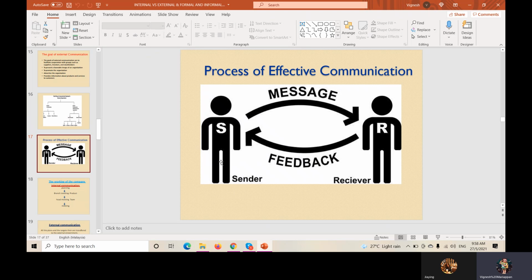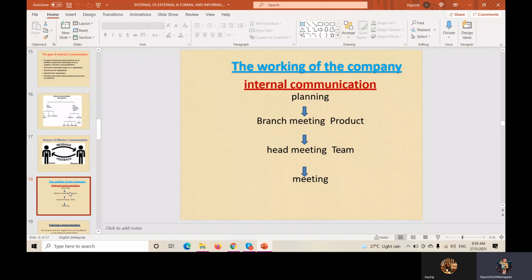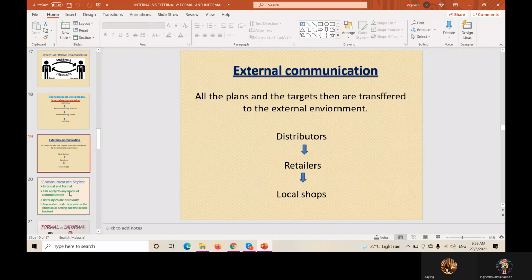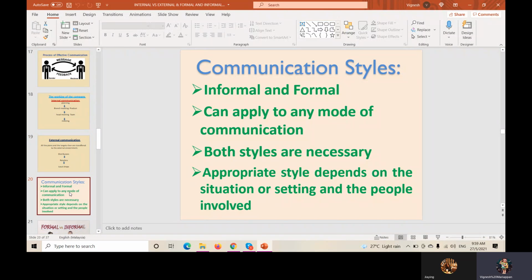The sender will send the message to the receiver. The receiver receives the message and then gives feedback to the sender. It's just a simple image for the process of communication. And then, okay, the communication style, we have formal and informal.